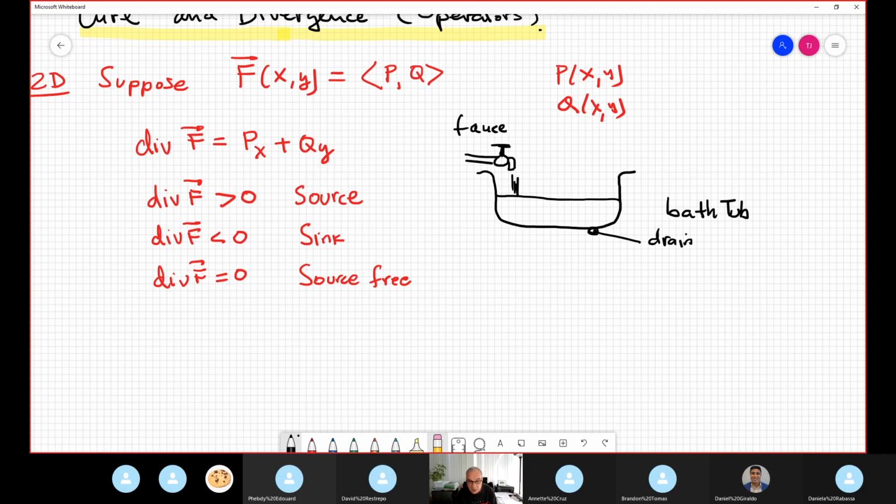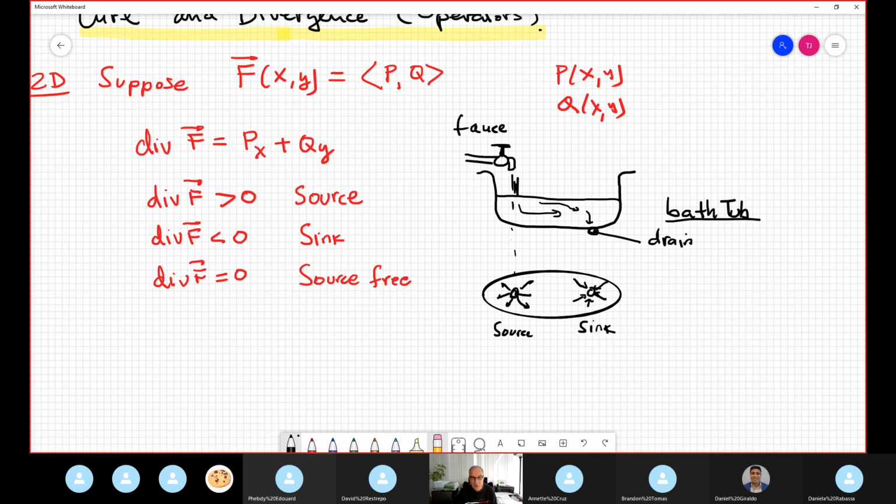Okay, for example, I draw the floor plan for this bathtub. This point is the point of the faucet. It's water, right, flowing in this direction, and it's a source. The water flows in that direction, goes to the drain, and the water goes in this direction. And this is the sink. Do you understand this very well or no?